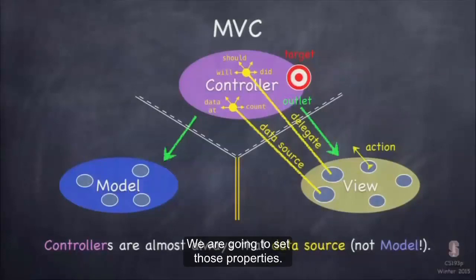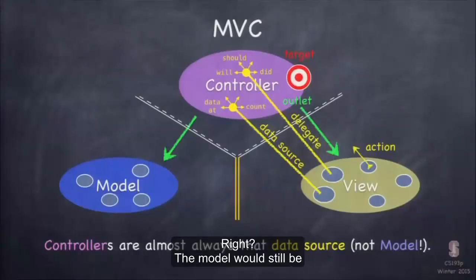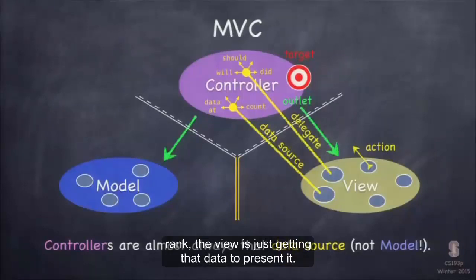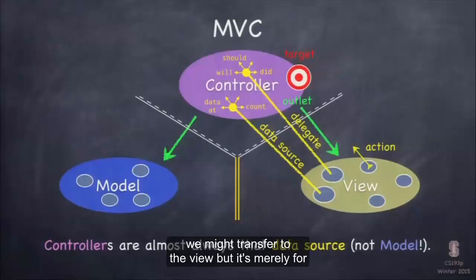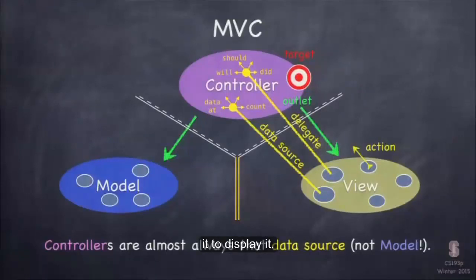We are going to set those properties. And so the view would have that data set in it, but it wouldn't be owning it. The model would still be owning the suit and rank. The view is just getting that data to present it. So simple data we might transfer to the view, but it's merely for it to display it.